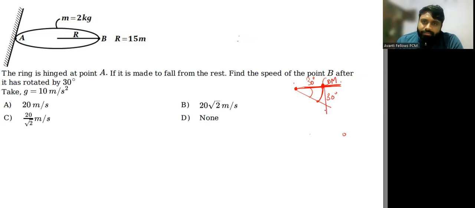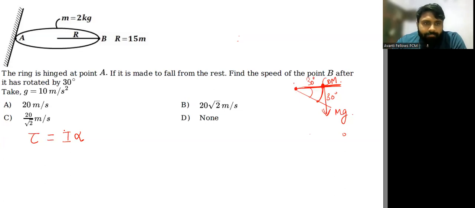Now, the weight of this ring is acting on the center of mass. Now, we have to find out the speed of point B after it has been rotated by 30 degree. So how do we find out the speed? For that, we know that torque is equal to I alpha.